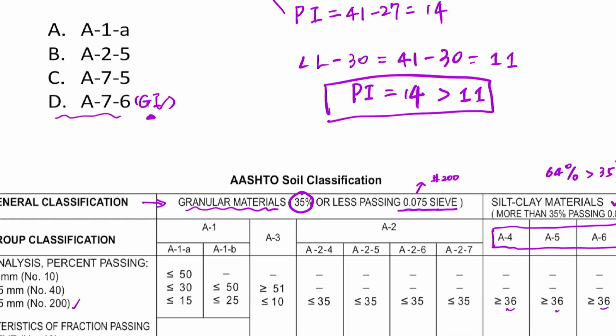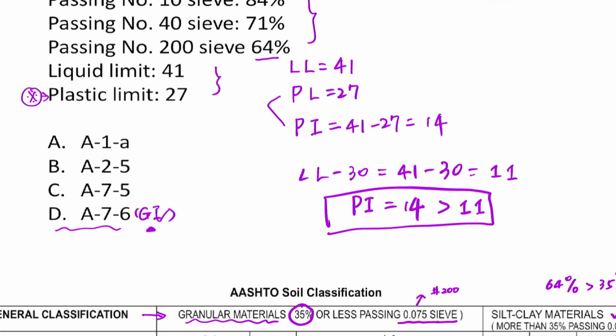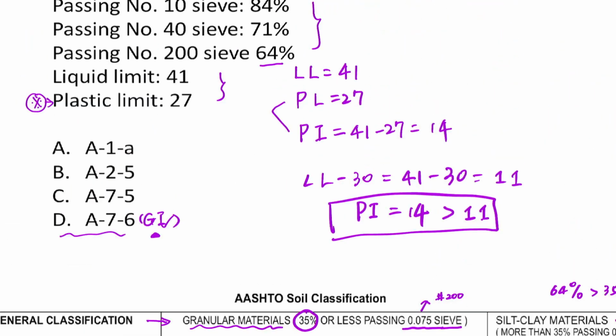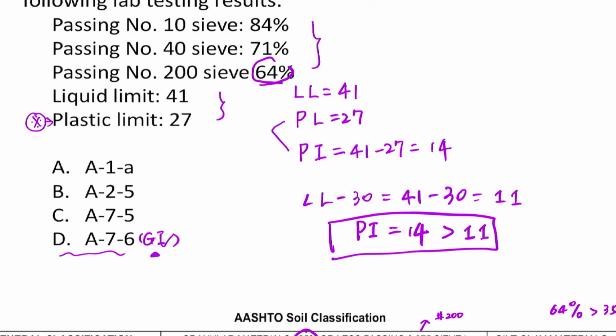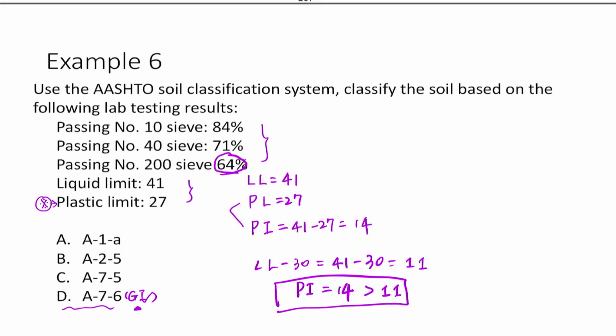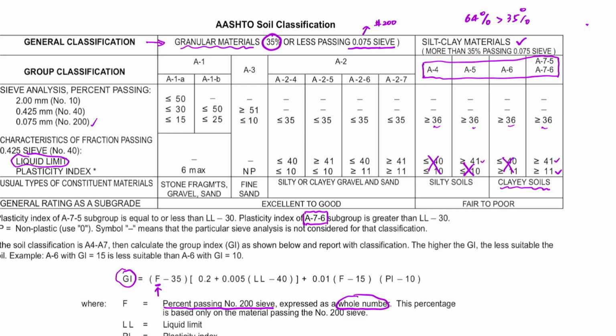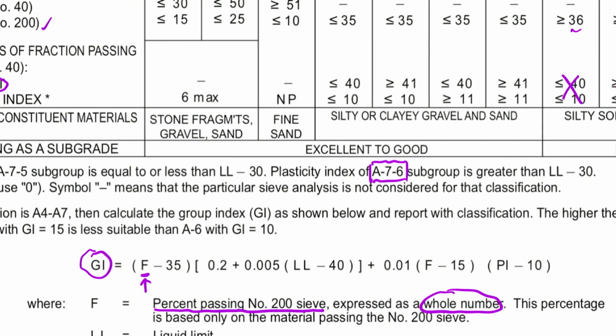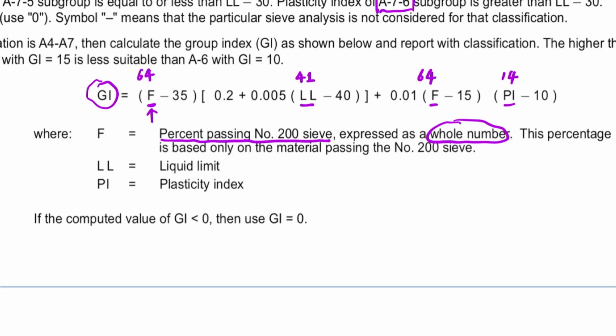For example, if in this case you're asked to calculate the GI, your F would be 64 instead of 64%. So you have F as 64, LL as 41, and PI as 14, and the number that you calculate based on the equation would be the group index for this one.